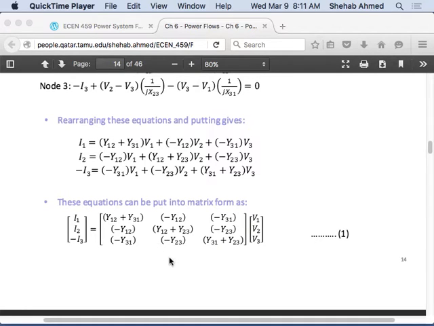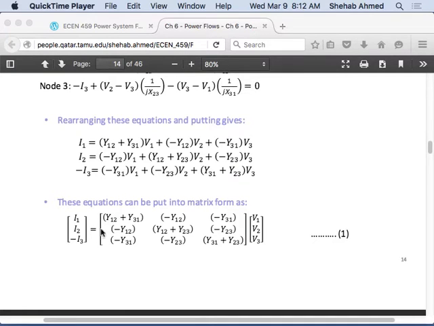Where we stopped was, we said that if I add all the rows together, the sum is 0. If I would like to find the voltages, what do I need to do? I need to invert this matrix and pre-multiply it by the currents. For me to invert it, it has to be a non-singular matrix, so the rows need to be linearly independent.